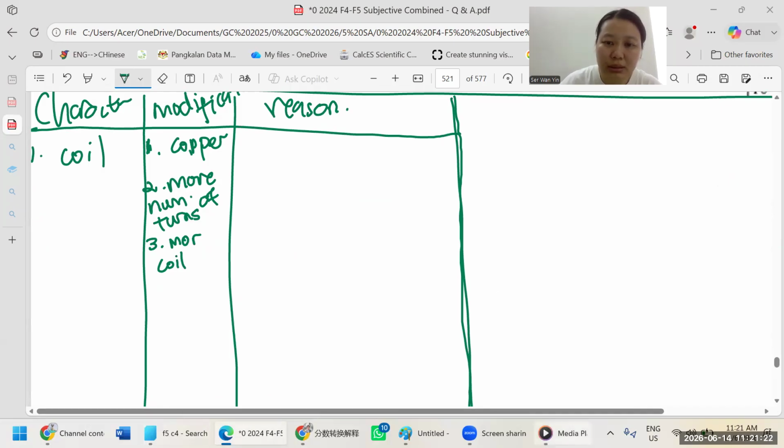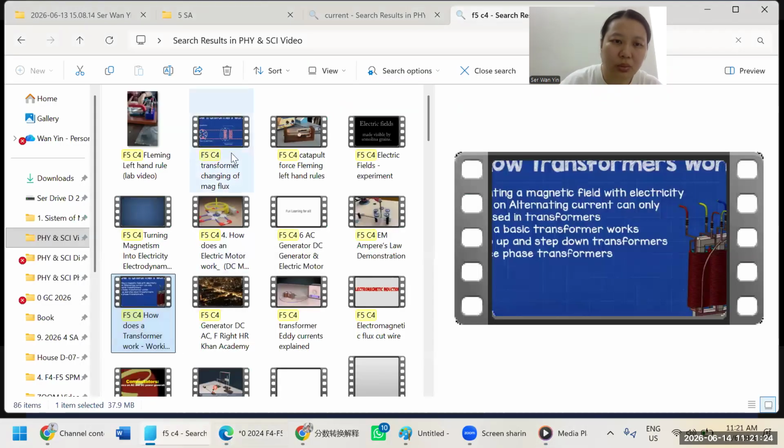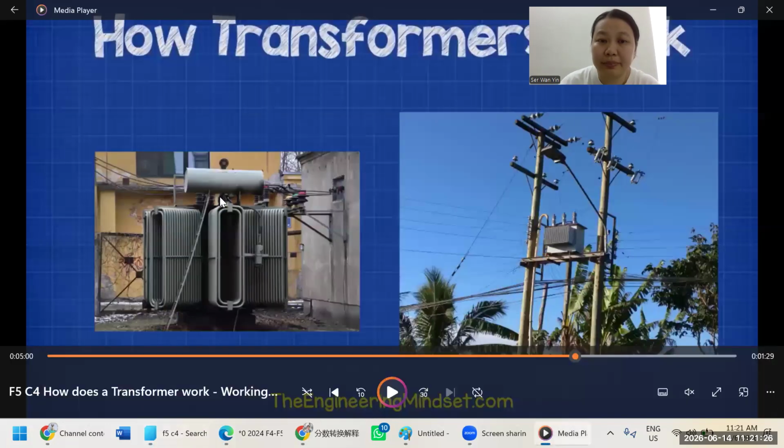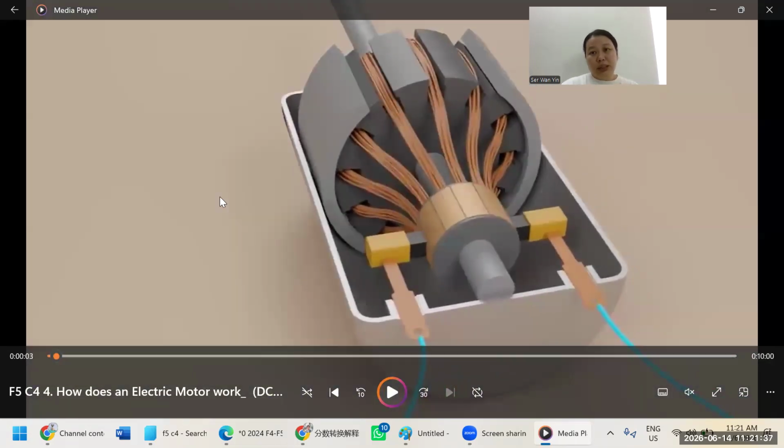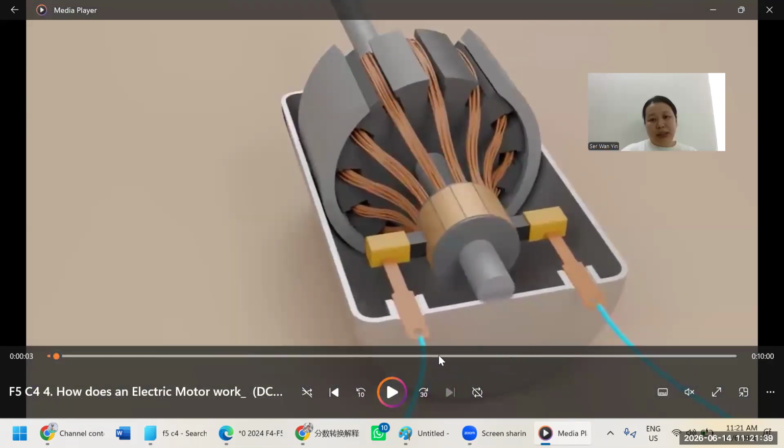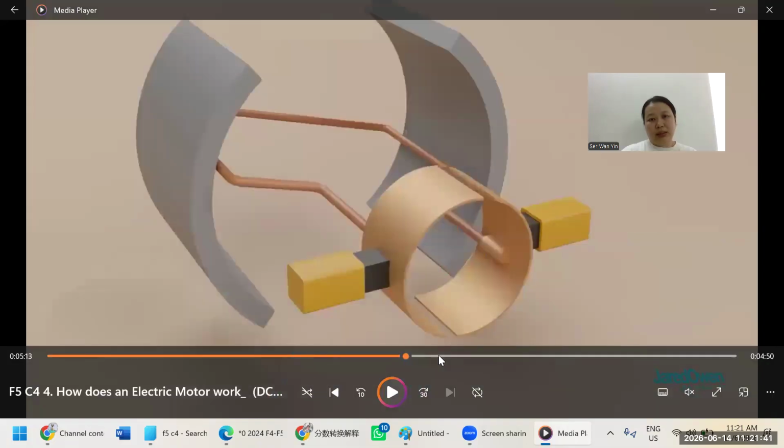You can see, when we study, we just have one commutator, one wire, but this one is very weak, cannot turn.